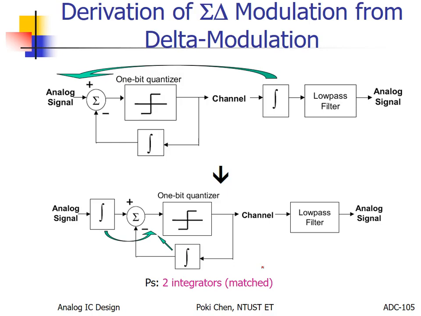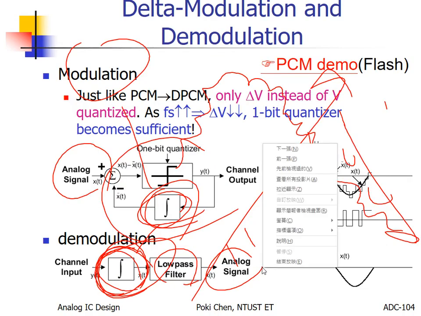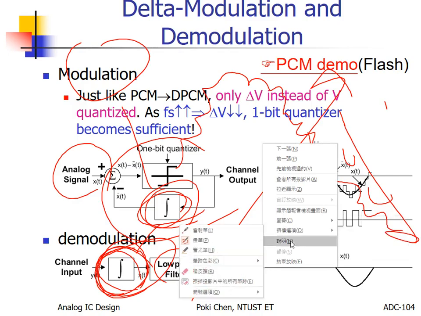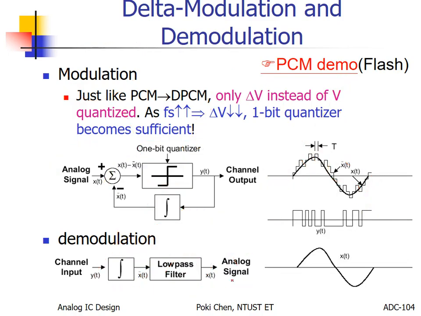However, we would like to do more. This is the original structure for delta sigma. Delta sigma, sigma delta. I don't care because people sometimes speak in this way, sometimes speak in that way. They are exactly the same. You see, modulation and demodulation.